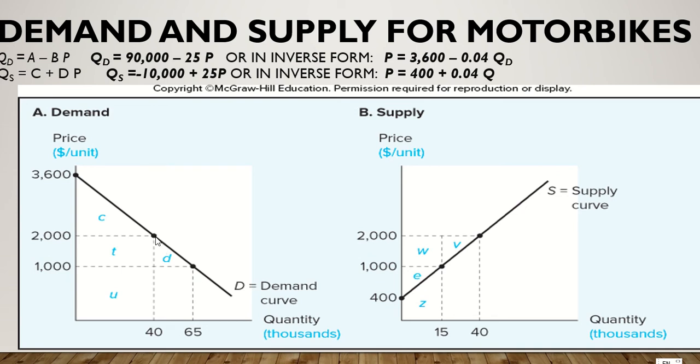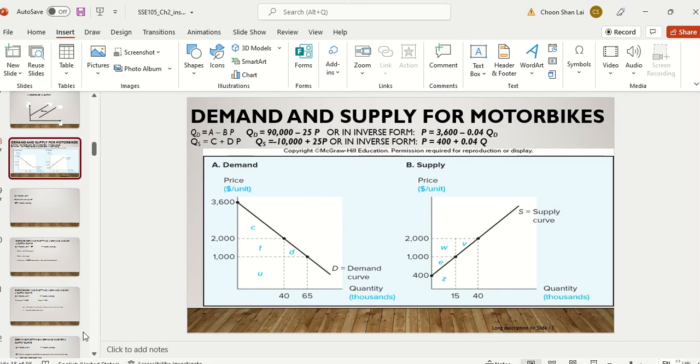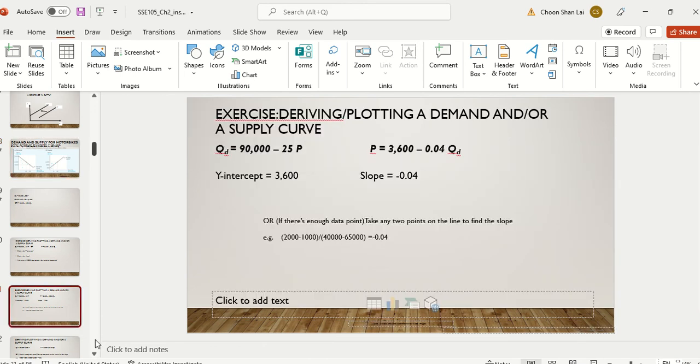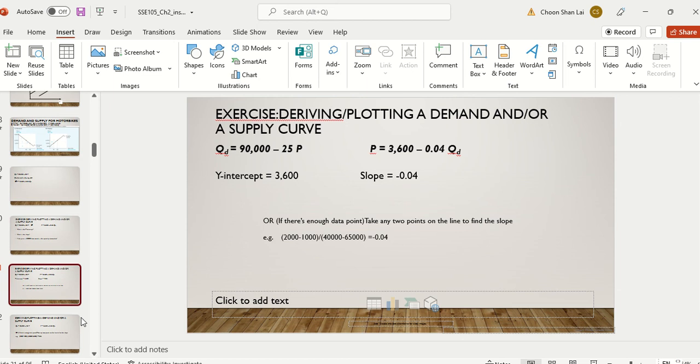The vertical distance will be 1,000, the difference between the price, divided by the difference between two corresponding quantity, that's 25,000. So that's what we get.